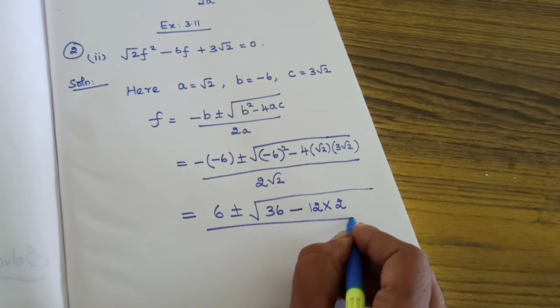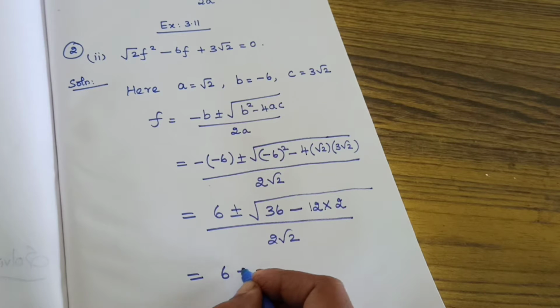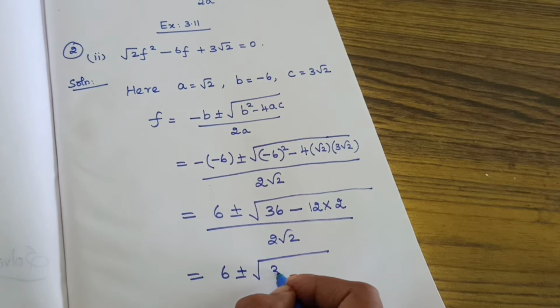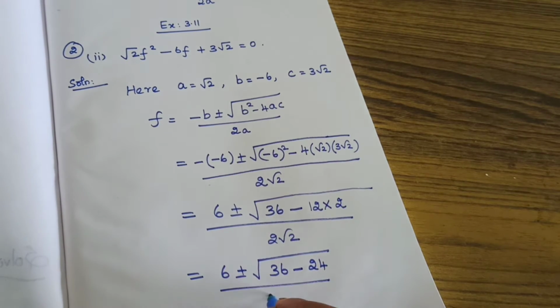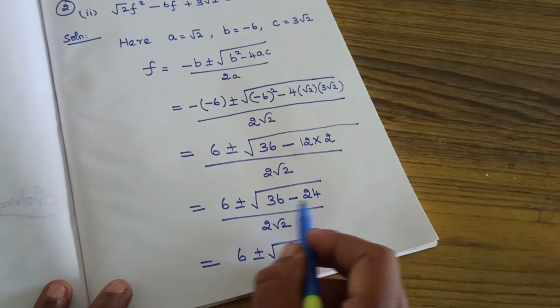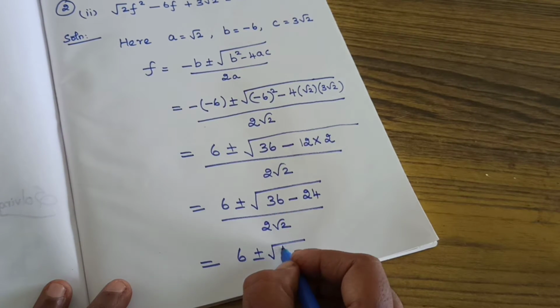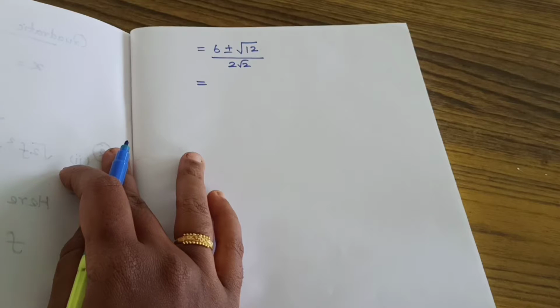4 3s are 12. Then root 2 into root 2, 2. So 2 divided by 2 root 2, which is equal to 6 plus or minus square root of 36 minus 12 2s are 24, by 2 root 2, which is equal to 6 plus or minus square root of 36 minus 24, 12, correct? By 2 root 2.